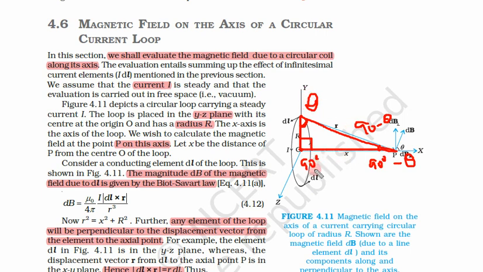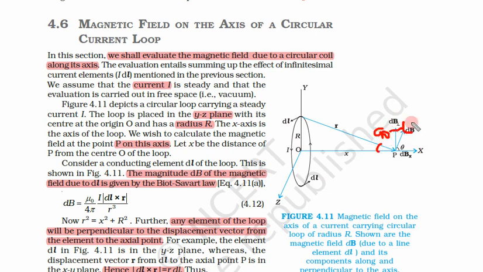So now total all these angles: 90 plus 90 minus theta plus theta. So all the angles are 180 degrees for a triangle. This angle is 90 minus theta, this angle is 90, this angle is theta.